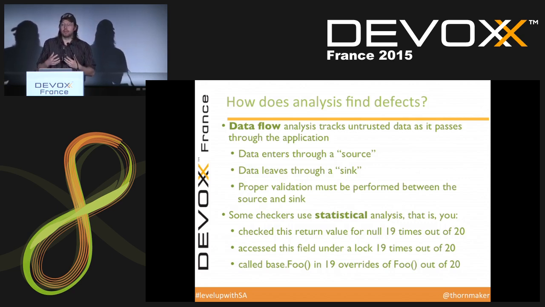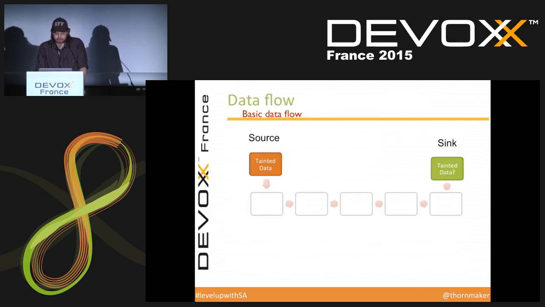And if you can identify similar parts of the code, then you can identify whenever there's a variation from that pattern. So if you check the return value for null in 19 out of 20 cases, but that 20th time you didn't, that can be a good indication that you left something out. This is another analysis technique that can lead to very interesting vulnerabilities, and I'll give a couple of good examples of those in a minute as well.